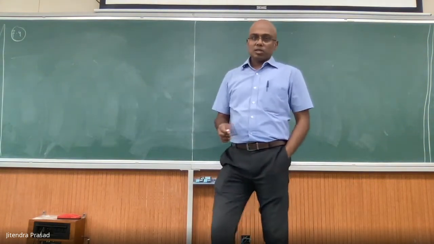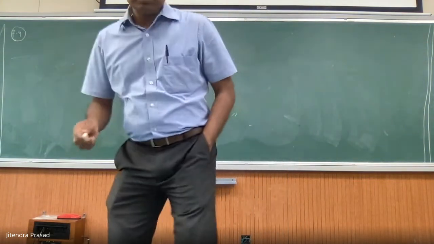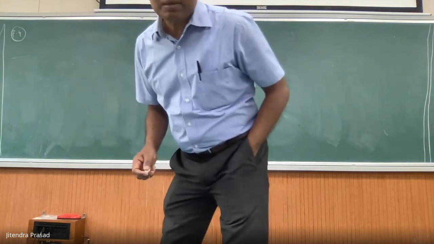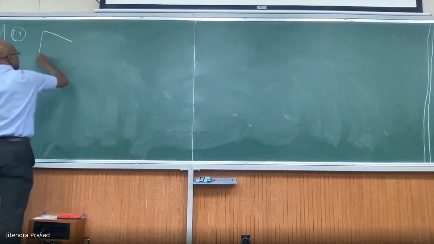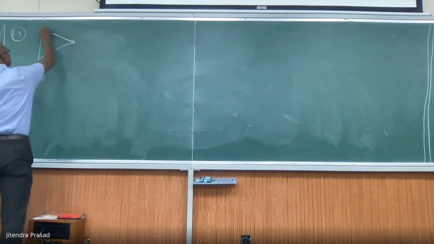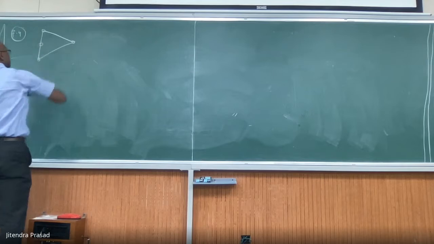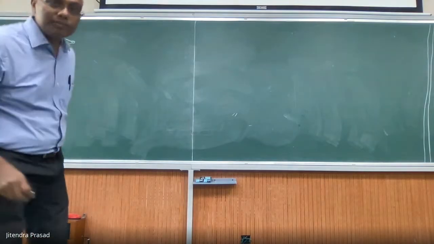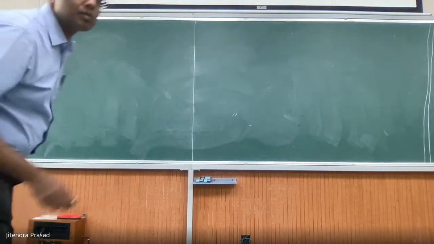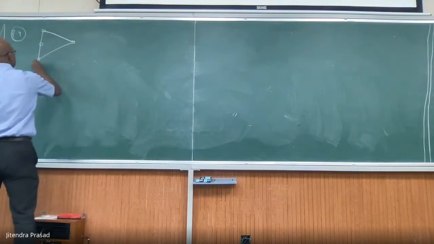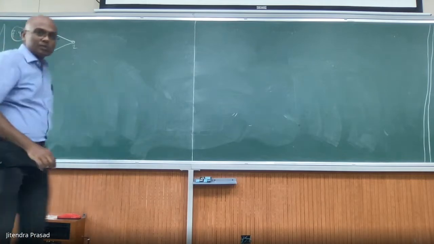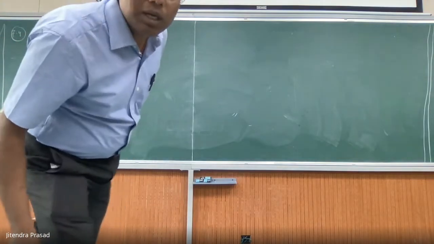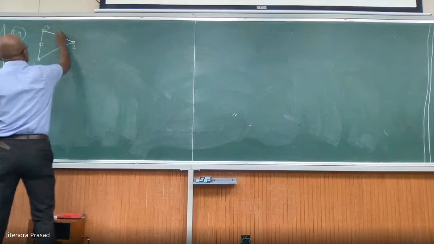Okay. So this is the problem we were discussing. We have a triangle with nodes 1, 2, 3, and 4, 5.